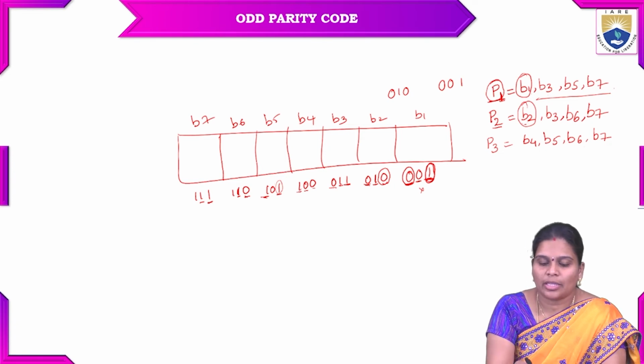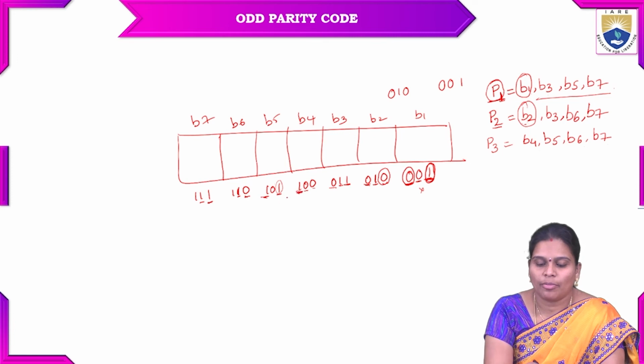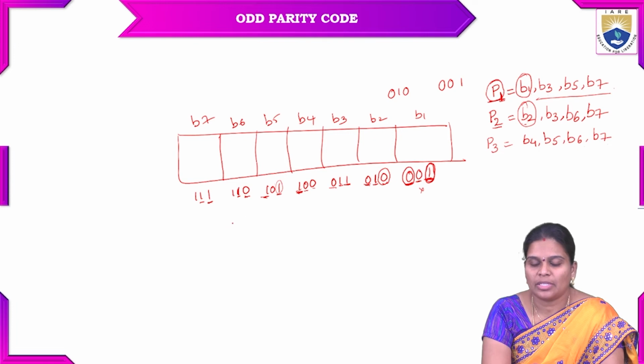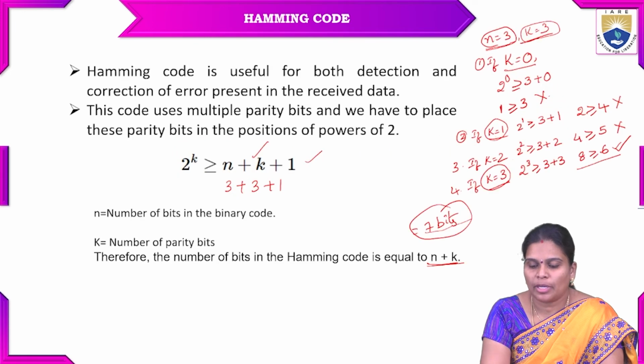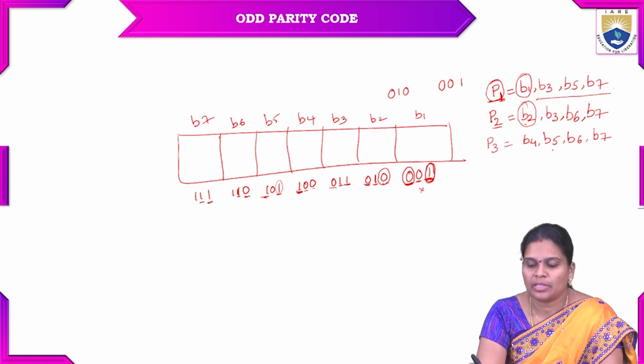So here we are taking bits depending on the number of MSB bits: B4, B5, B6, B7. Otherwise we continuously take these bits for P1, P2, P3. B5, B6, B7.